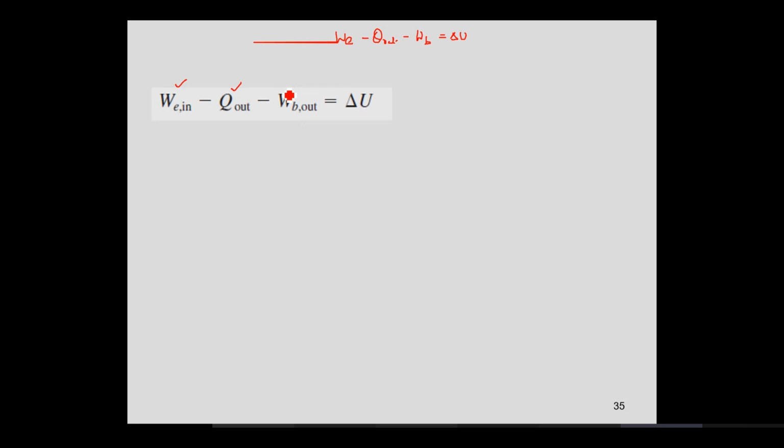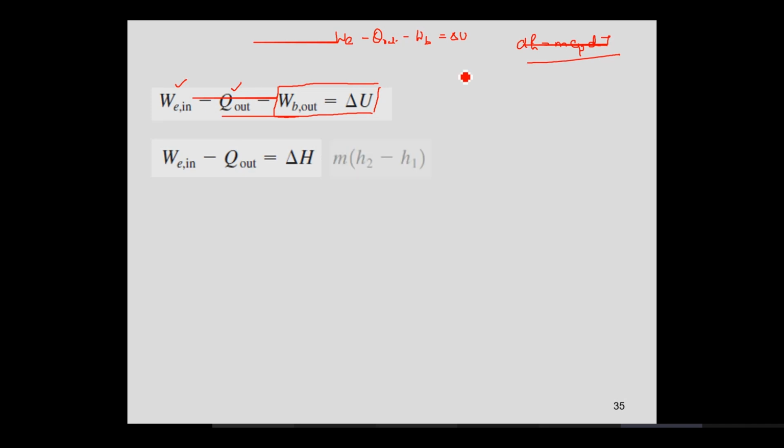You already know that for a system undergoing a constant pressure expansion or compression, you can combine boundary work and delta U into delta H. And delta H, if you remember, is essentially m Cp dT. So m times (h2 minus h1), which is delta H, can be replaced by m Cp (T2 minus T1). Mass is already there.